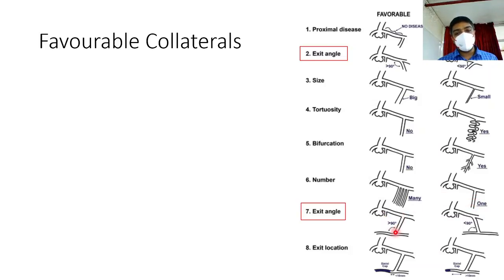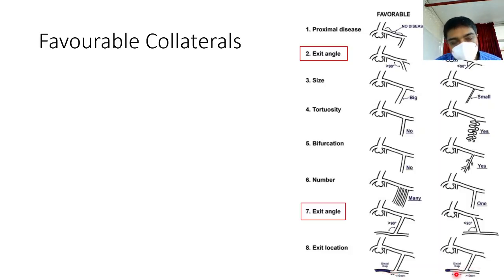And the exit angle, that is the collateral coming and connecting with the RCA distal branch. So this angle also, if it's more than 90, it is more favorable. Whereas if it's becoming more acute, you'll have to pass a wire and then come back, so turning the wire in that acute angle will be difficult. And the exit location, if the distance from the point to the distal cap is less than 10 mm, it is favorable.